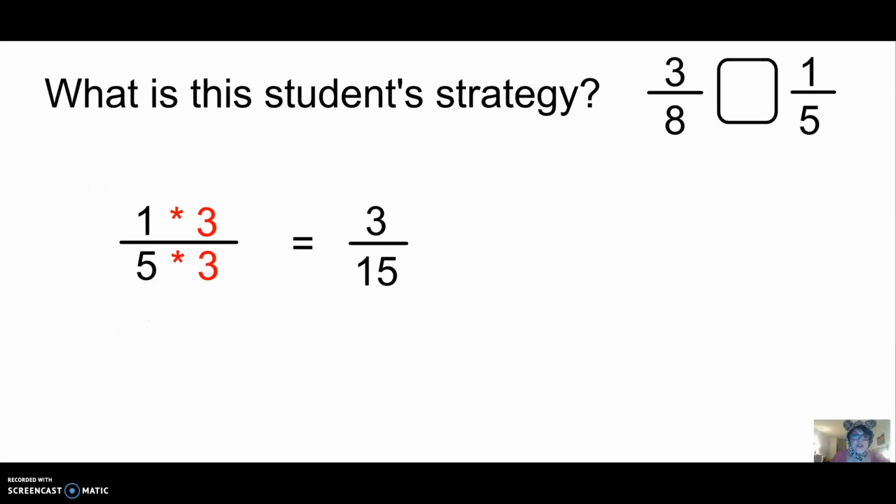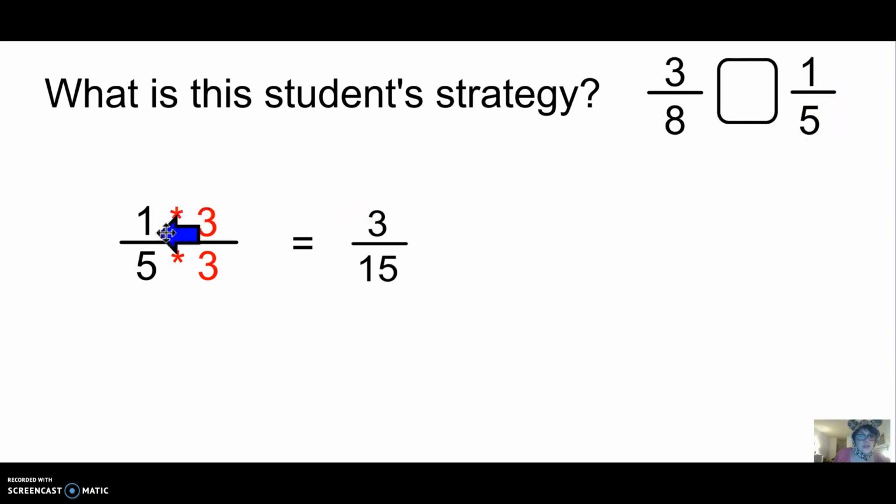Here's another student's strategy. What did this student do? How is this going to help me to compare 3/8 and 1/5? So, I see that the student wanted to make an equivalent fraction for 1/5.